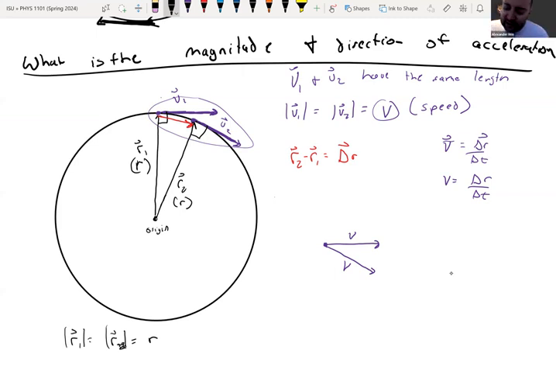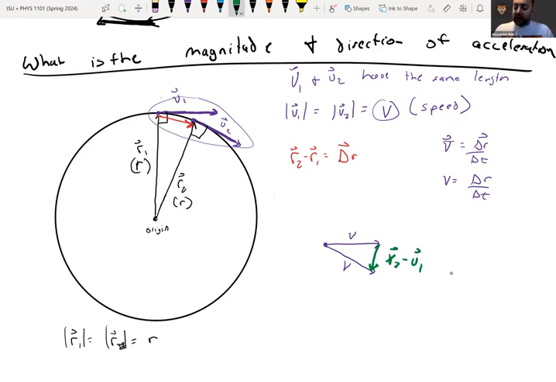Now, the key thing here, in green, is that this vector right here represents V2 minus V1.